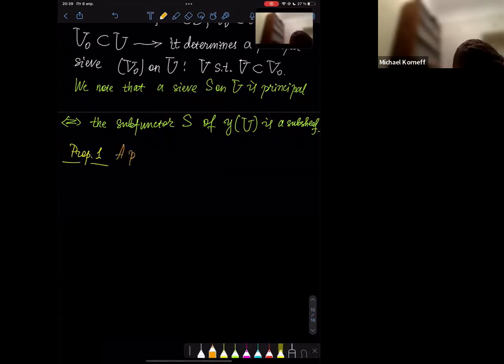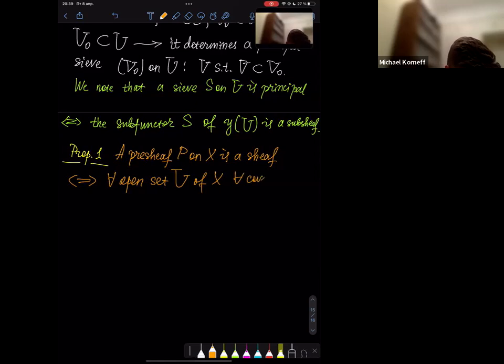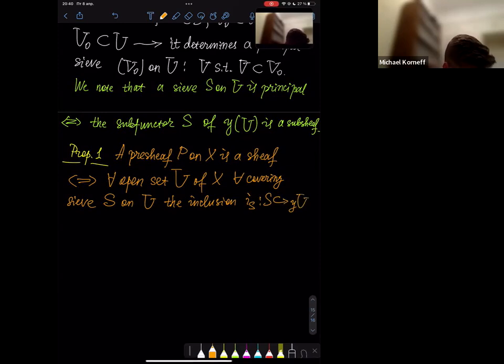A presheaf P on X is a sheaf if and only if for every open set U of X and for every covering sieve S on U, the inclusion of S into the representable functor of U induces an isomorphism.